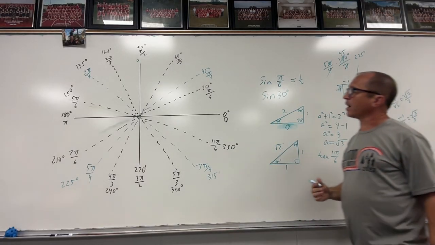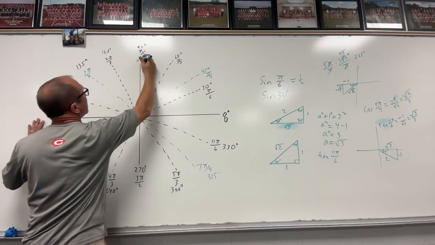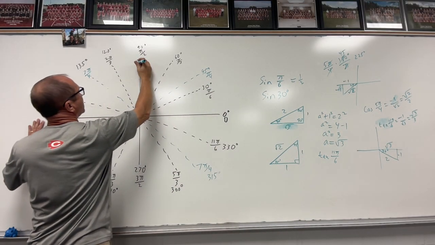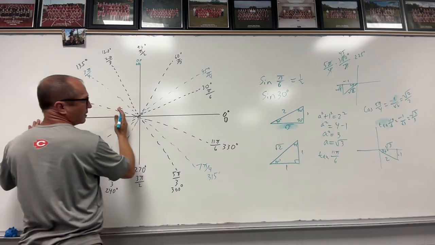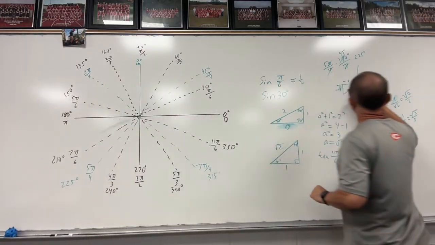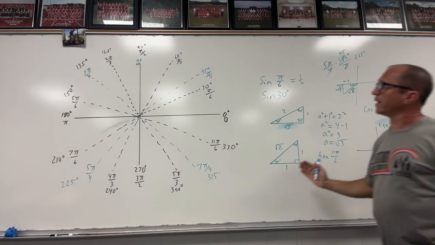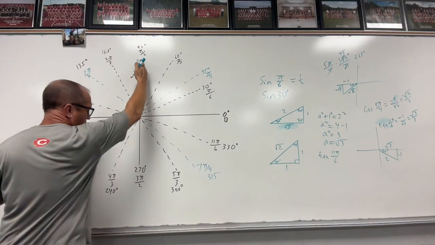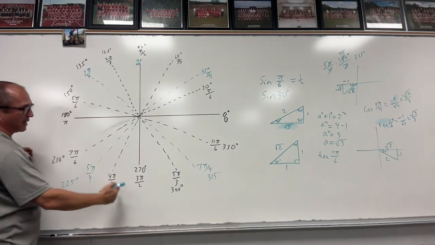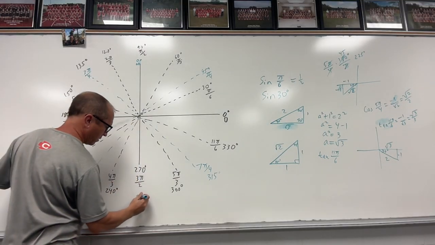Let's just say your opposite side would be 1. Your adjacent is associated with what runs along the x-axis, and if you're at 90 degrees or at 270 degrees, the adjacent is going to be 0.